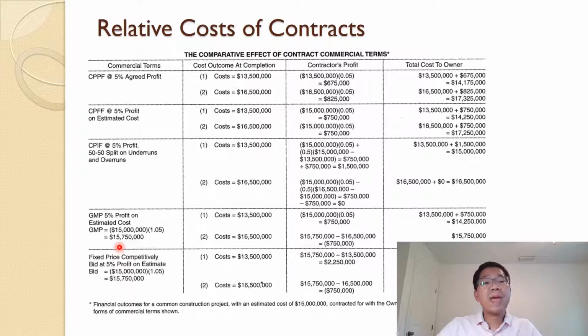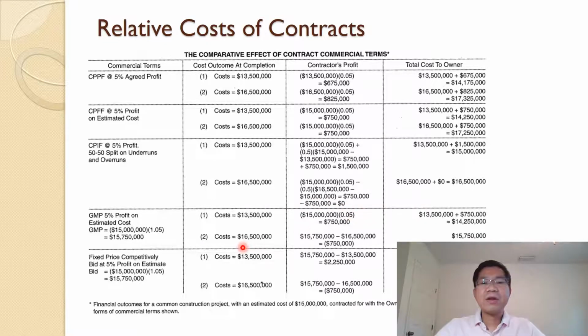The owner will not pay more than 15,750,000. So if the cost is 13.5 million, then what is the contractor's profit? He or she will receive the same fee in there.